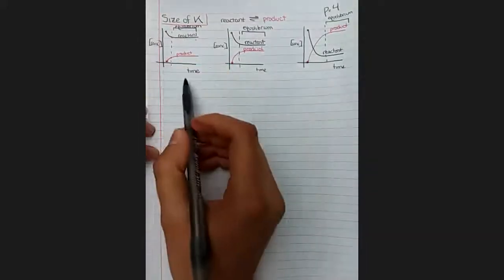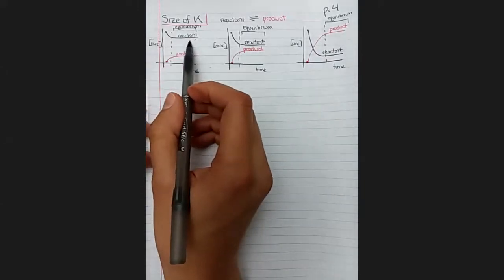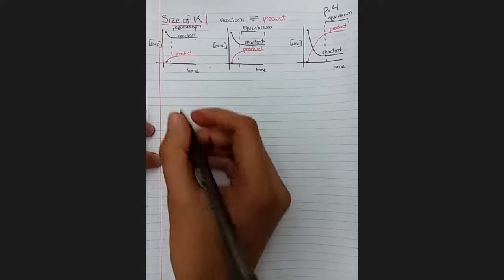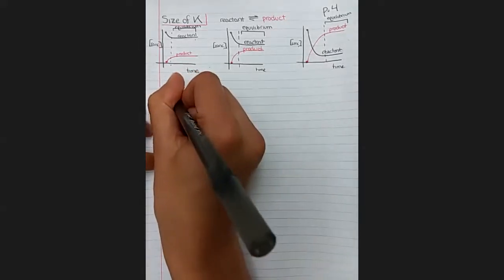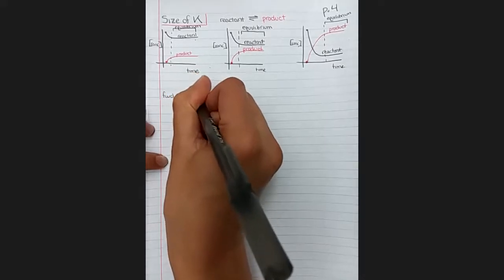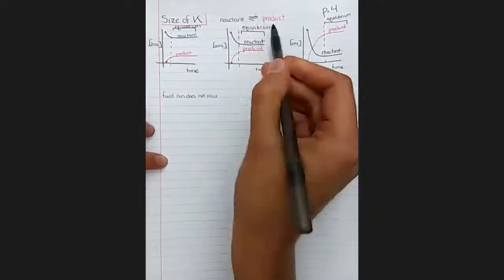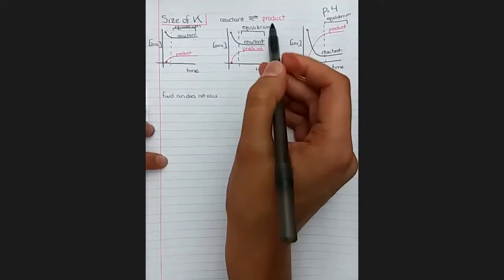So for this picture on the left, where most or almost all of what's in the flask at equilibrium is reactant, we say that the forward reaction does not occur. So that reaction that was supposed to make product just wasn't happening.